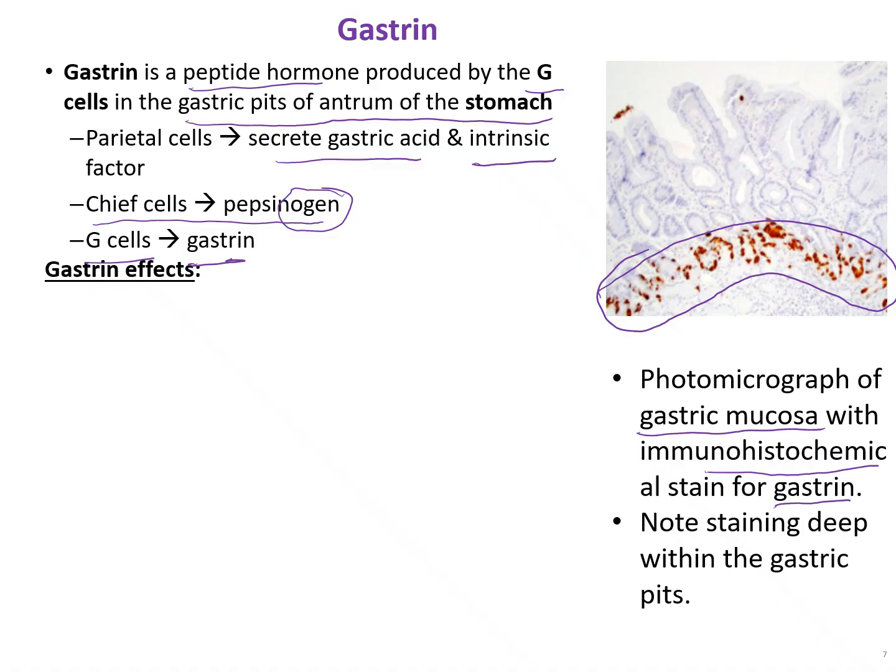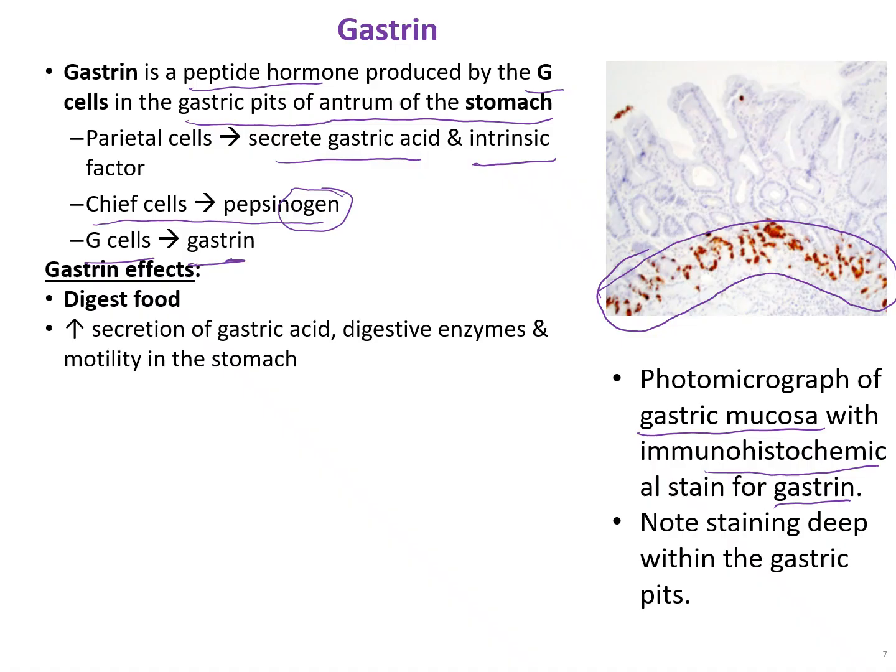Gastrin is important to digest the food, because it increases the secretion of gastric acid, and also of digestive enzymes like pepsinogen and intrinsic factor. All these are important for the digestion of food. And gastrin also stimulates motility.